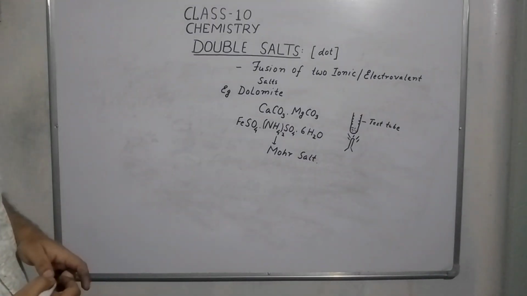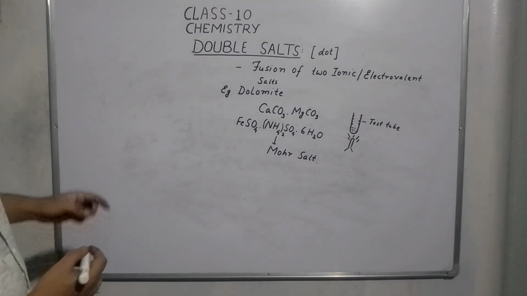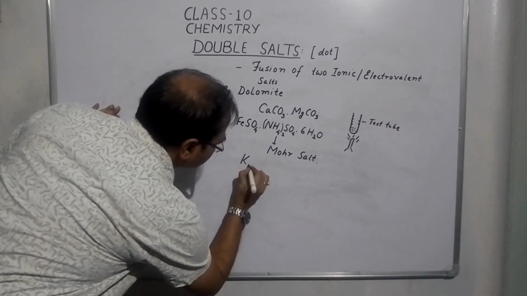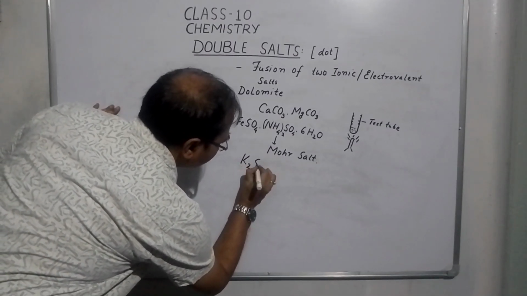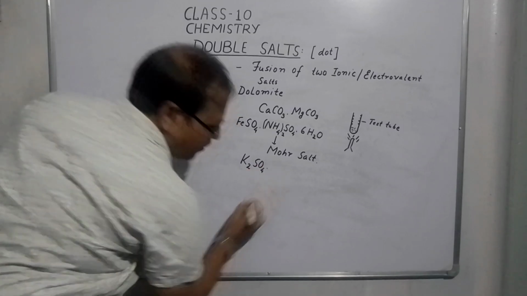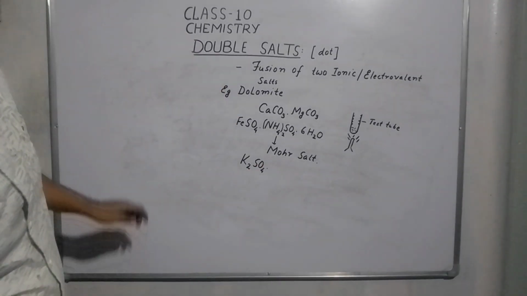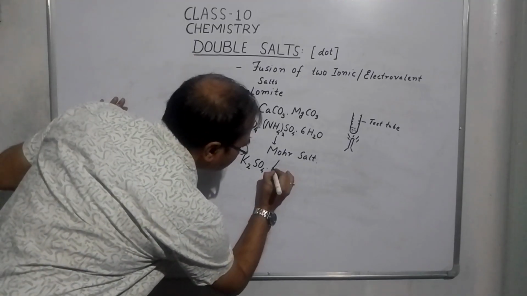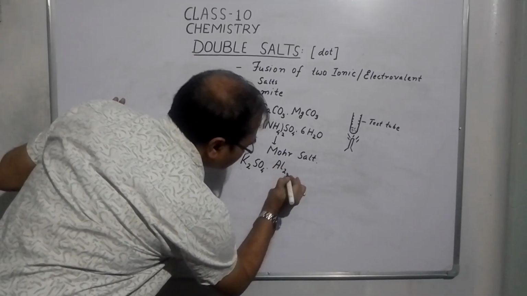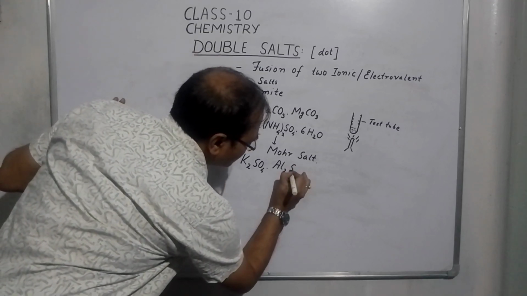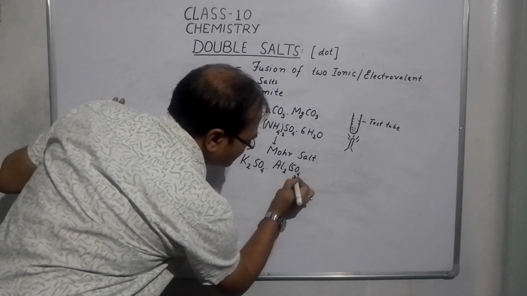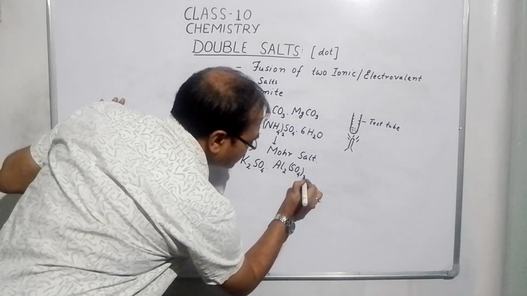Okay. Now, there is another type called potassium sulfate dot aluminium sulfate. Sulfate has a valency of 2, and aluminium has a valency of 3.